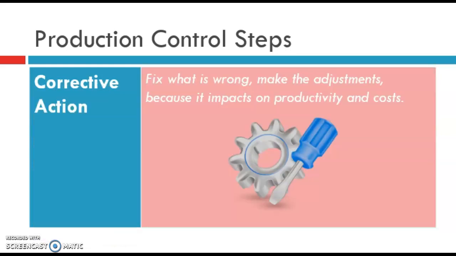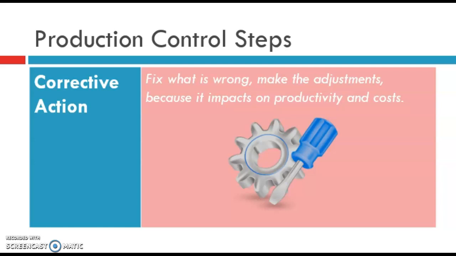And lastly, we talk about a corrective action. So any adjustments which must be made to any of the processes, materials used, or the allocated staff members to that particular task, or machinery and equipment must be corrected if it impacts on the productivity and on the costs.